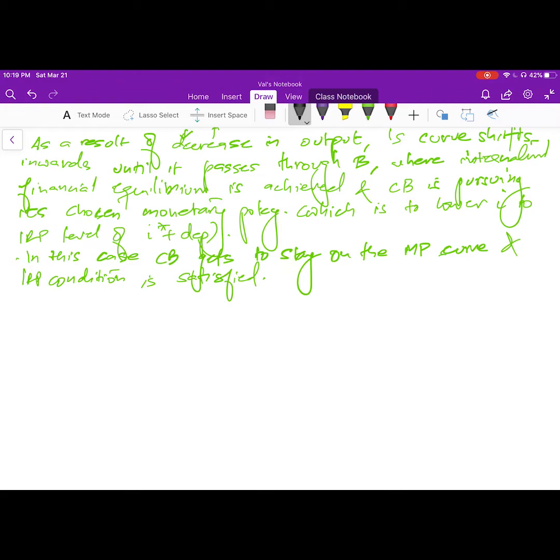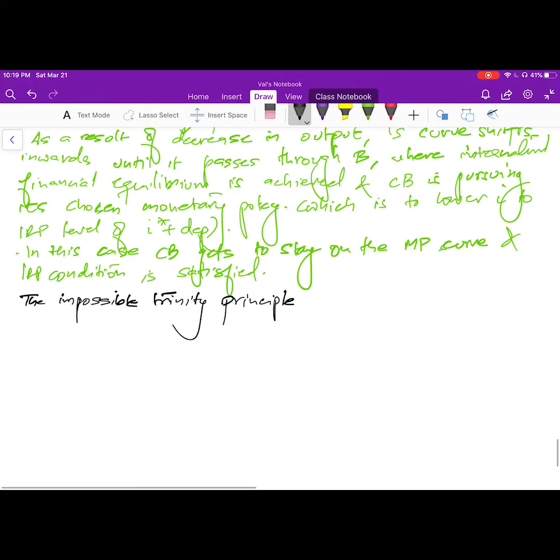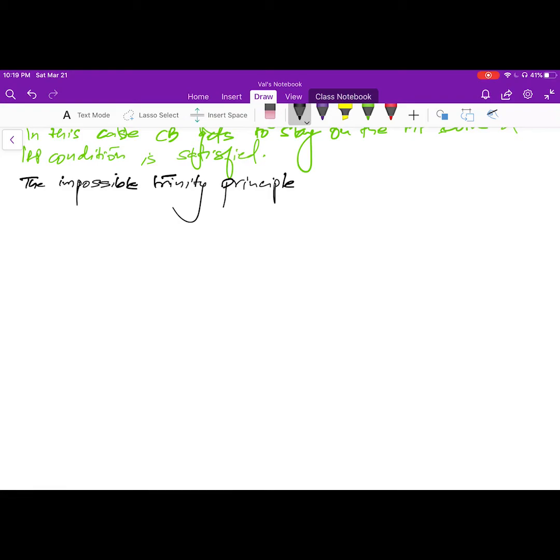So I'm going to draw a diagram. It's called the impossible trinity principle diagram.